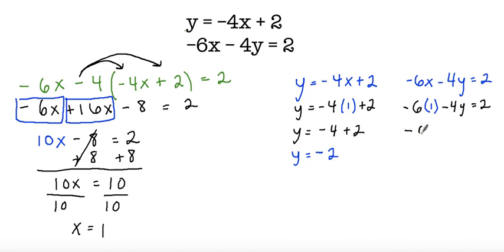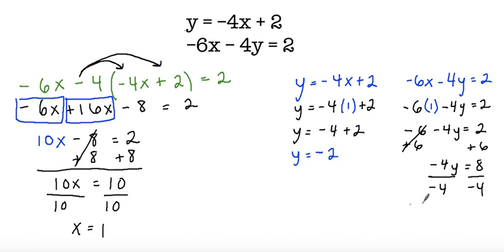So we have negative 6 minus 4y is equal to 2. If we add 6 on both sides, we end up with negative 4y is equal to 8. We divide both sides by negative 4. We end up with y is equal to negative 2, which is the same thing. So these two linear equations have one solution, and that one solution is at the coordinate (1, -2). So if we were to graph these two, they would meet at the coordinate (1, -2).